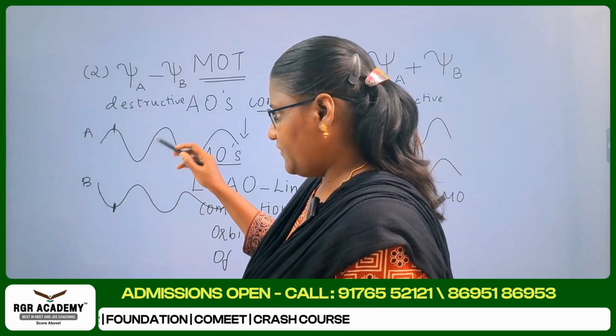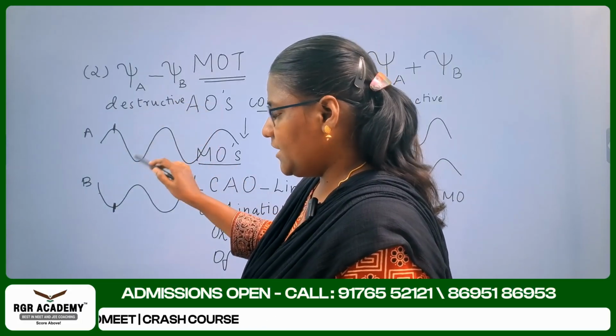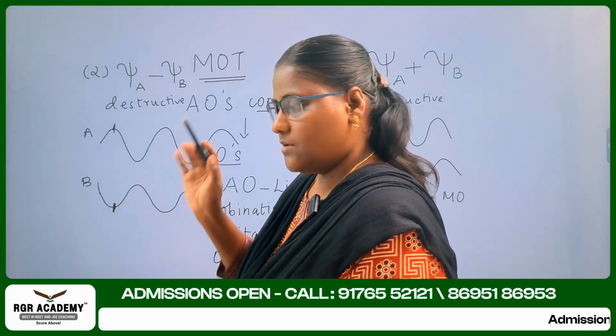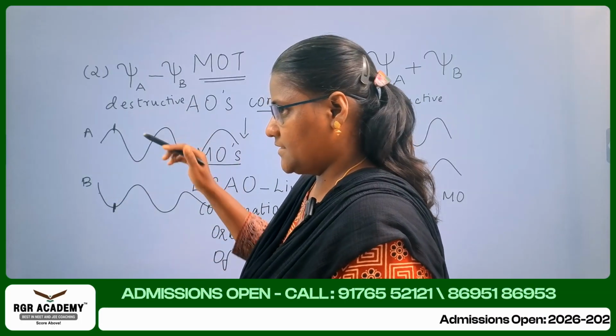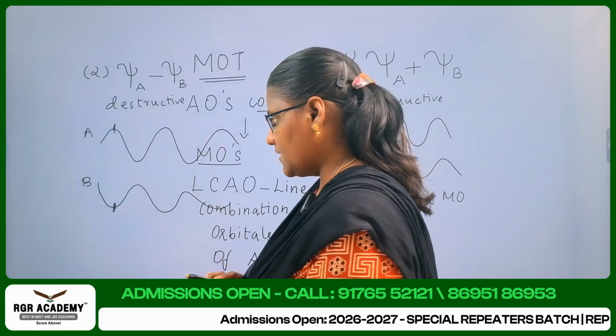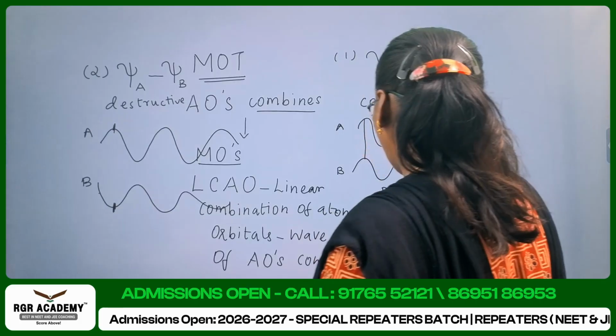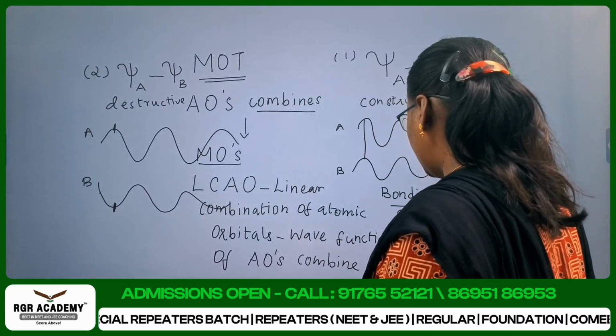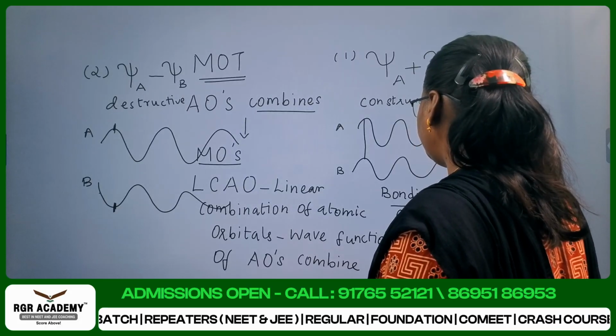The probability of finding the electron is minimum in this case, so the bond stability will be least. In the bonding molecular orbital, the bonding strength is high and the stability of the bond is high.